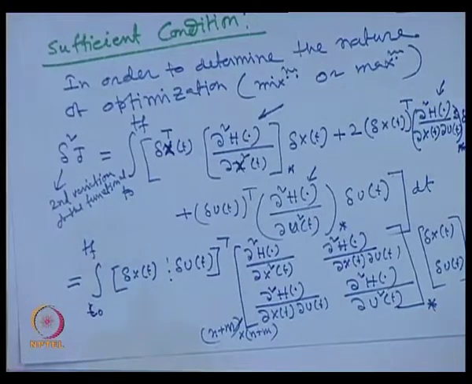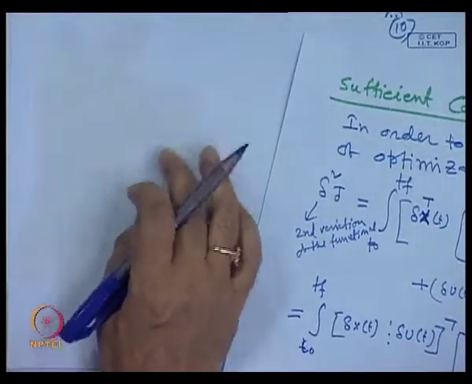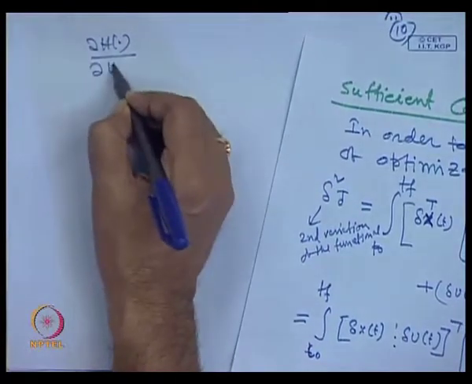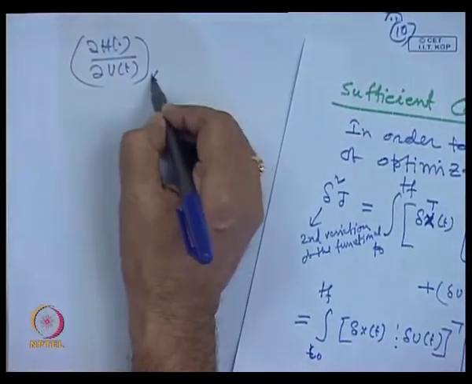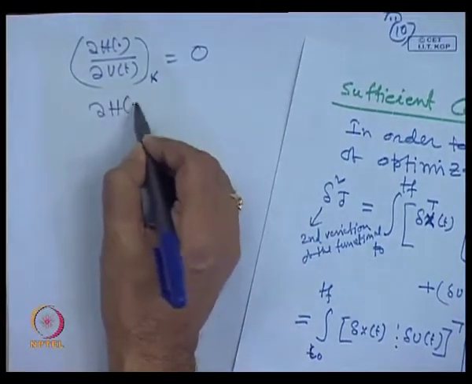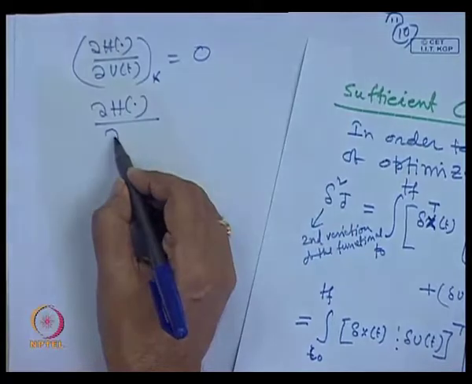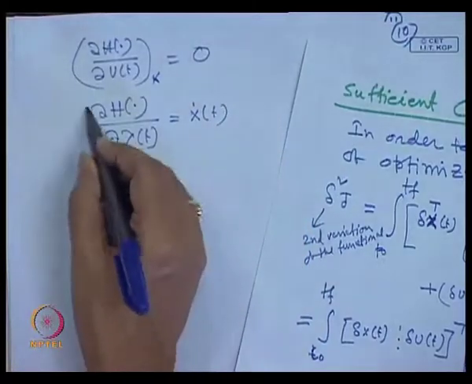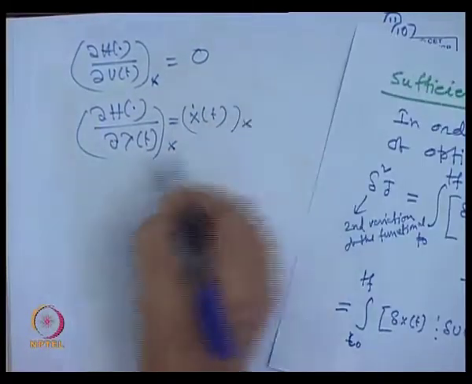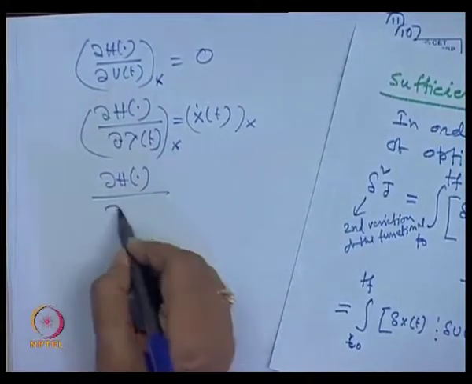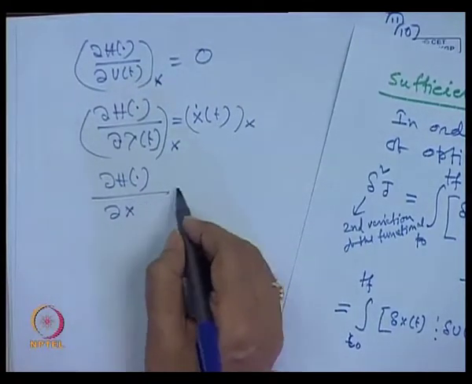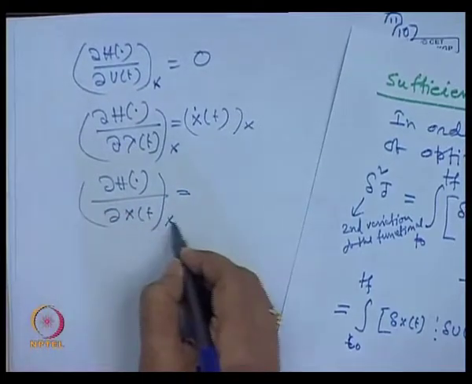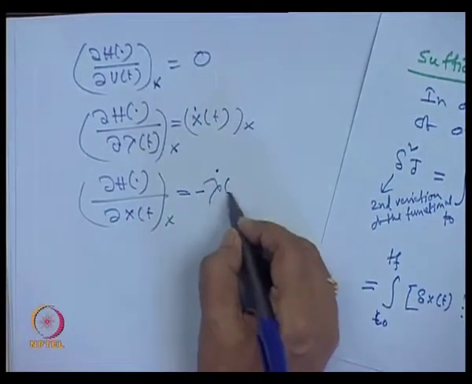Our equation is del h del u, that means you have to solve three equations. Del h del u is equal to 0, then del h del lambda is equal to x dot of t, that you have to solve, and del h del x is equal to minus lambda dot star.